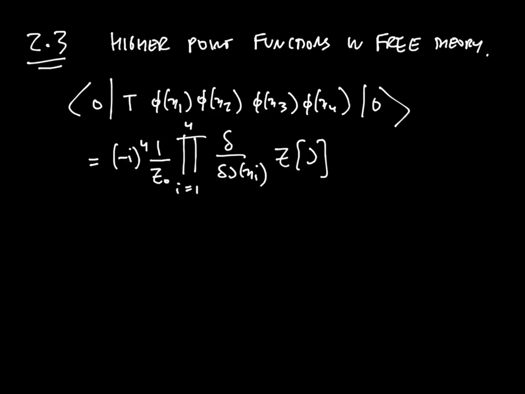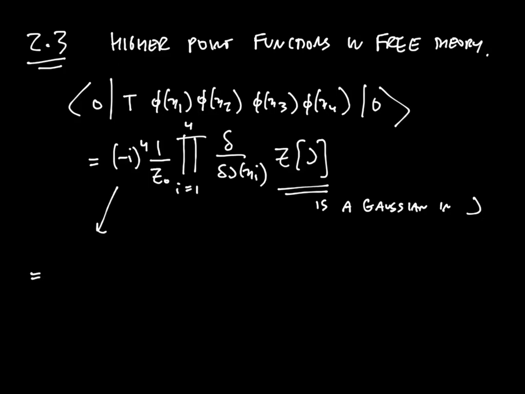Now, again, this is a completely straightforward thing to do, which I'll leave you to work out. The main point is, because Z of J is a Gaussian in J, the resulting answer from performing this manipulation is just different combinations of DF of x and y. So for example, you can work this out for yourself.